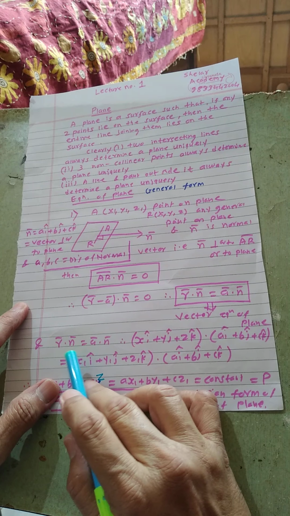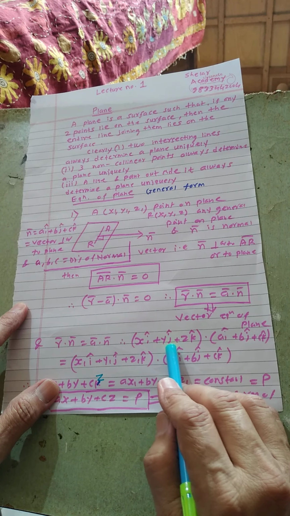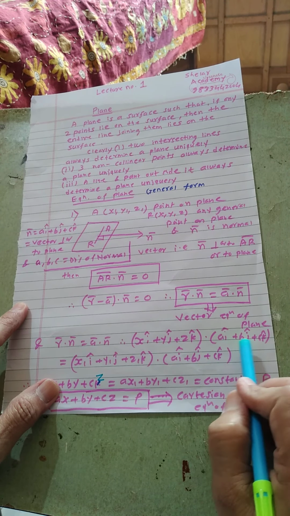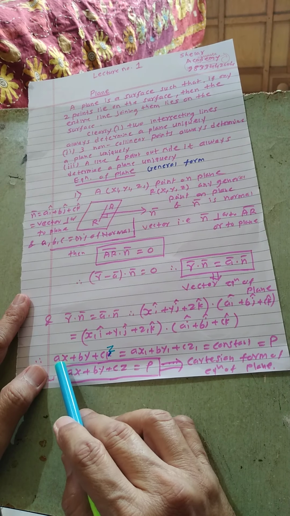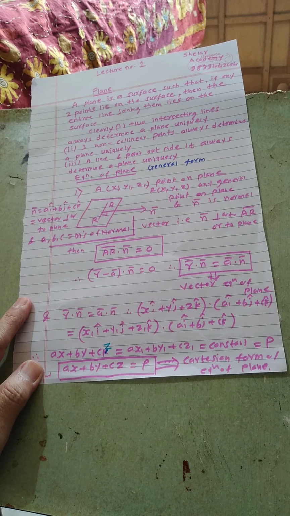Now to convert to Cartesian form, write R bar as xi plus yj plus zk, and n bar as ai plus bj plus ck, with the right hand side A bar and n bar. The dot product is the product of only corresponding coefficients of i, j and k. Therefore the left hand side is ax plus by plus cz and the right hand side is ax1 plus by1 plus cz1.